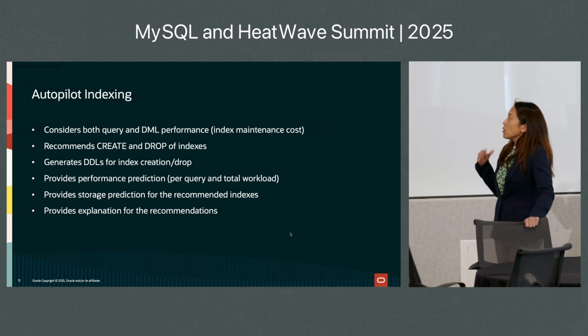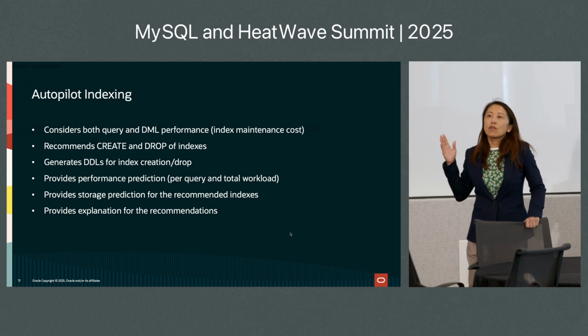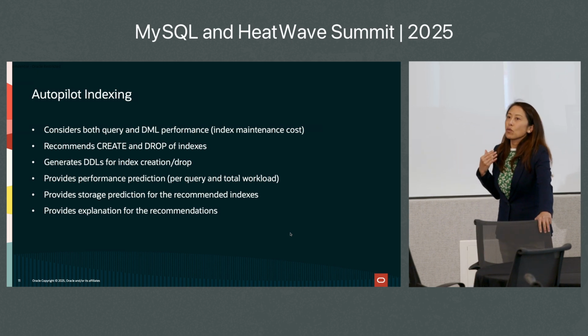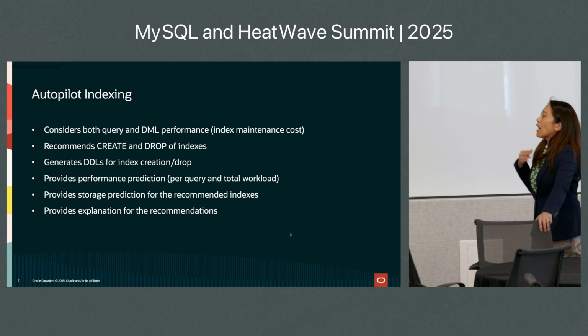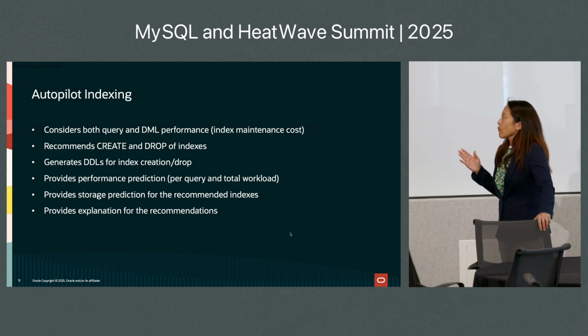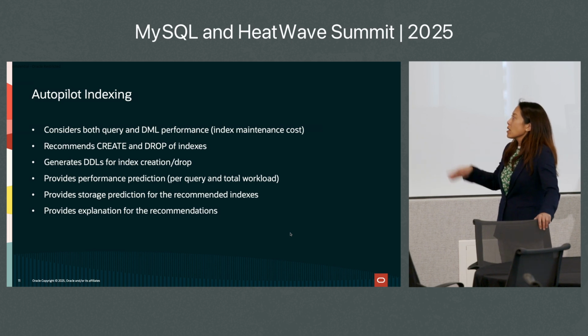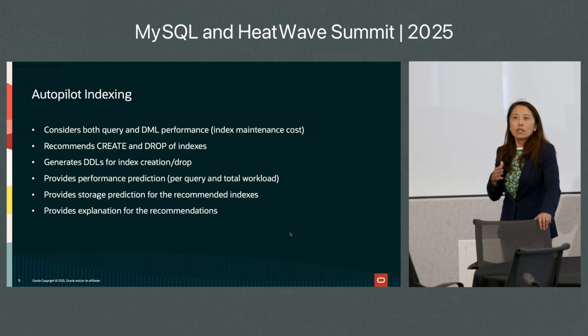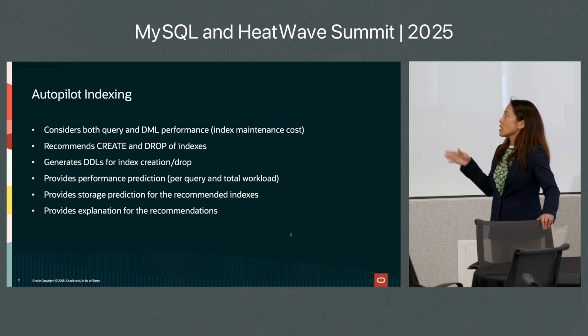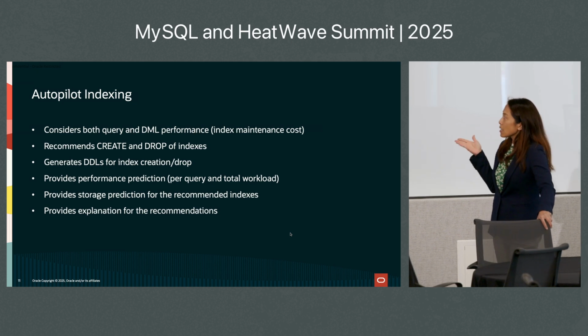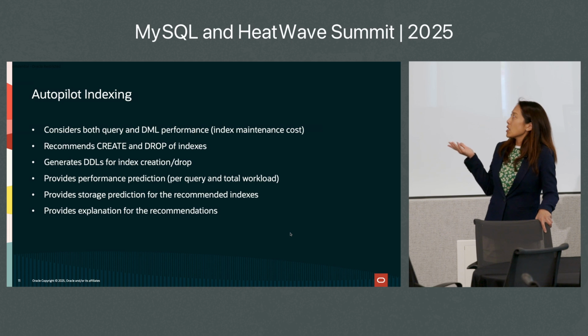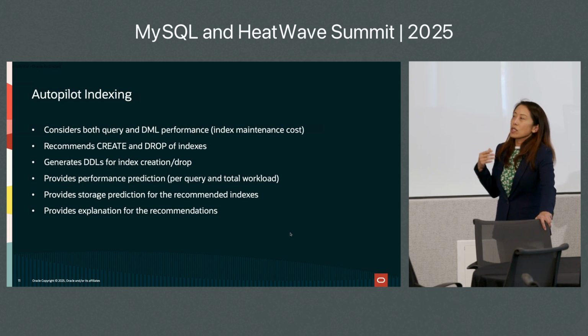So this is really convenient, because right now you don't need to spend time looking for which queries are slow and how you are going to improve them. You can run it periodically and get the result as your workload changes. We can suggest different secondary indexes. We're not just suggesting to create, but we're also suggesting to drop.